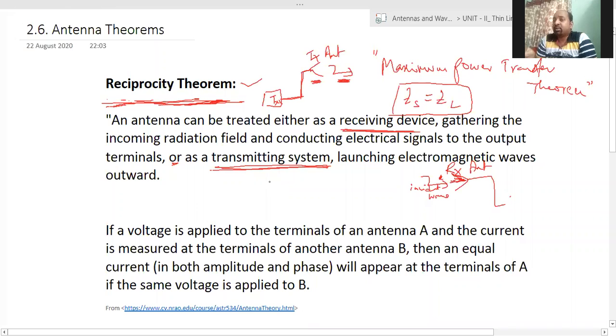So the same antenna can be treated as a transmitting antenna or a receiving antenna.